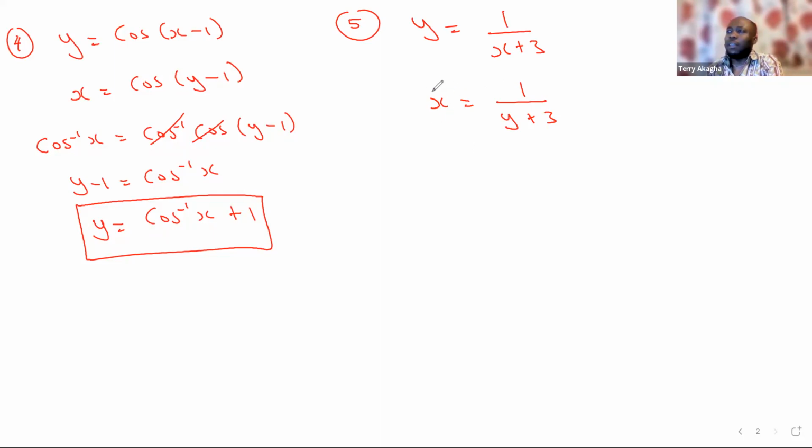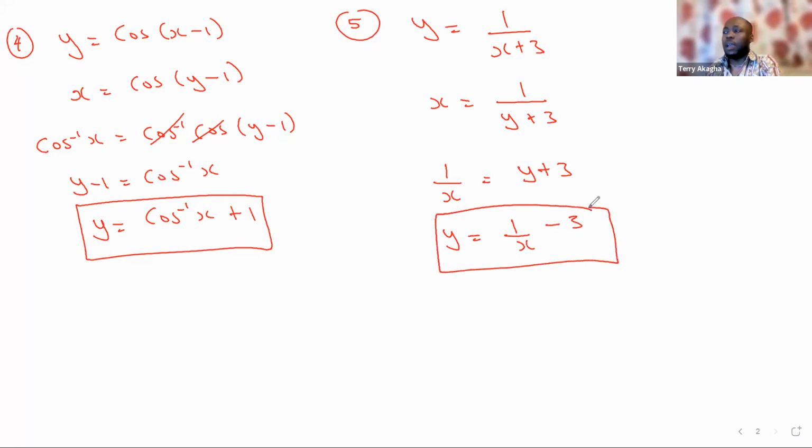If you inverse the left-hand side, you then inverse the right-hand side as well. So it's going to be 1/x is going to be y plus 3. Take 3 to the other side, so y will be equal to 1/x minus 3. That will be the inverse for that, okay?